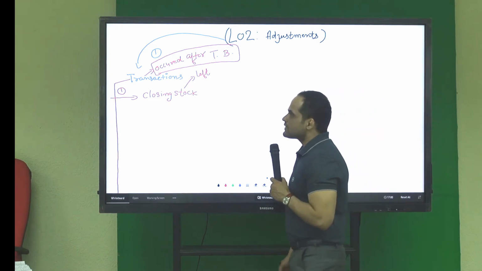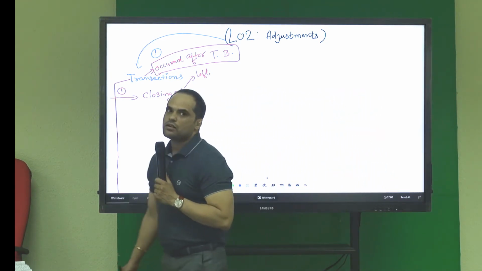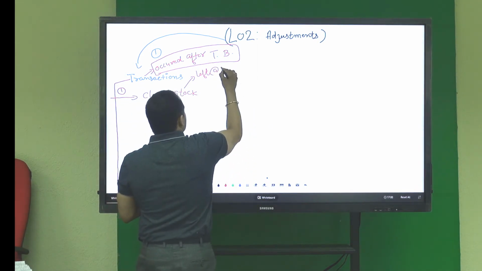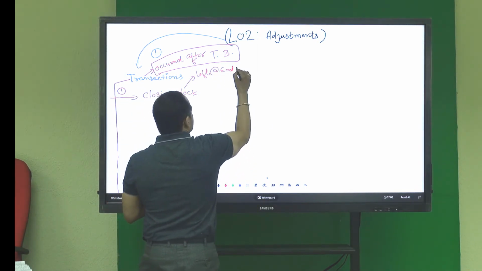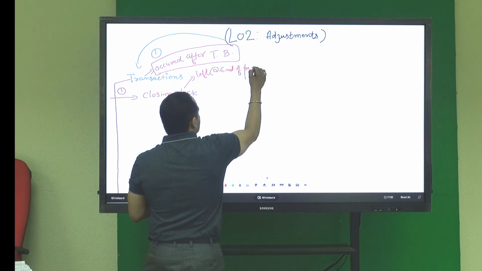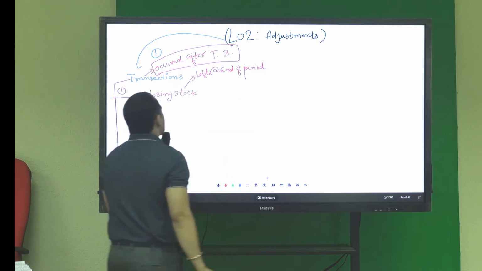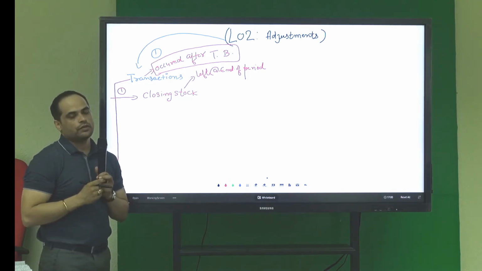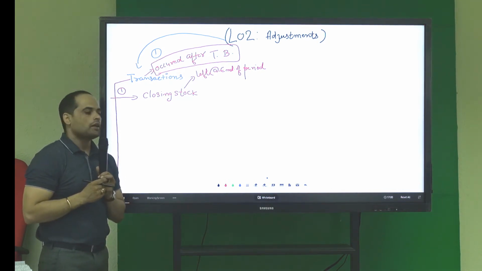So, what is the closing stock? Closing stock is the inventory which is left at the end of the period. That's called the closing stock. Alright?